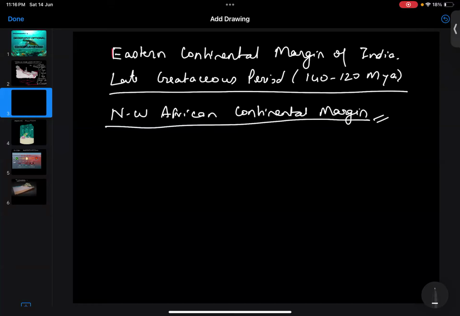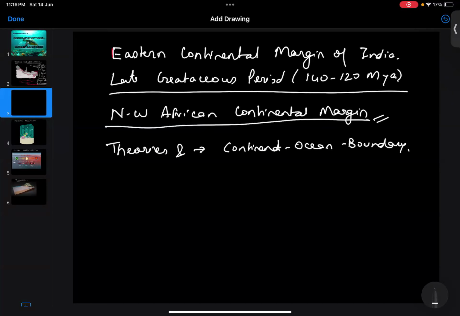The theories and models here can be related to the continent-ocean boundary.